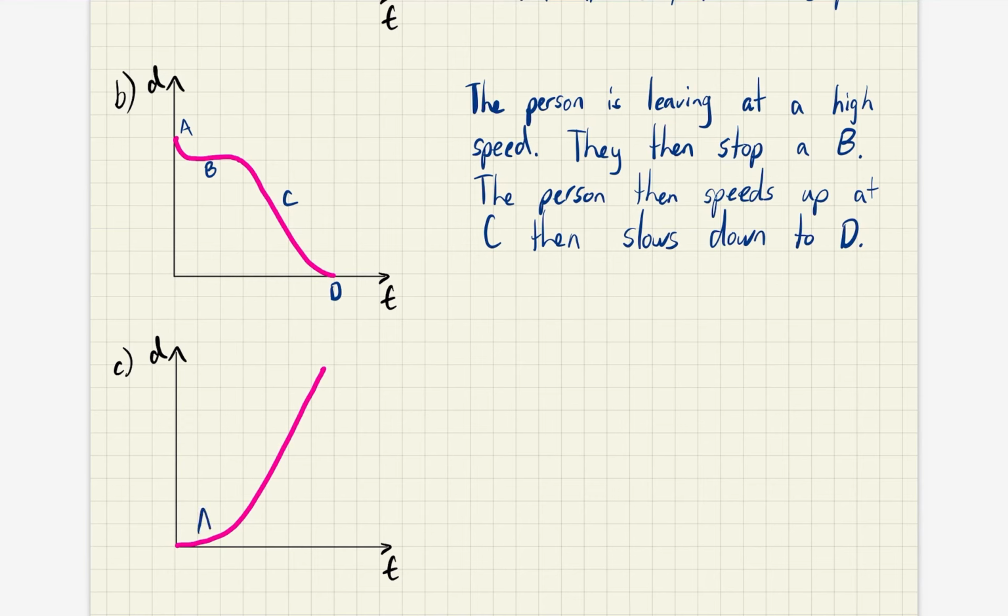For C, there's only two really interesting things happening. What's happening at the beginning and then what's happening at the end, really. So I'm going to say the person leaves home. So you can kind of create a story for this.